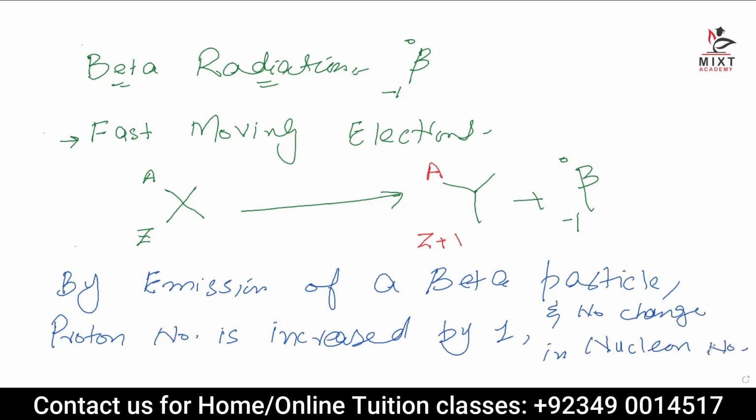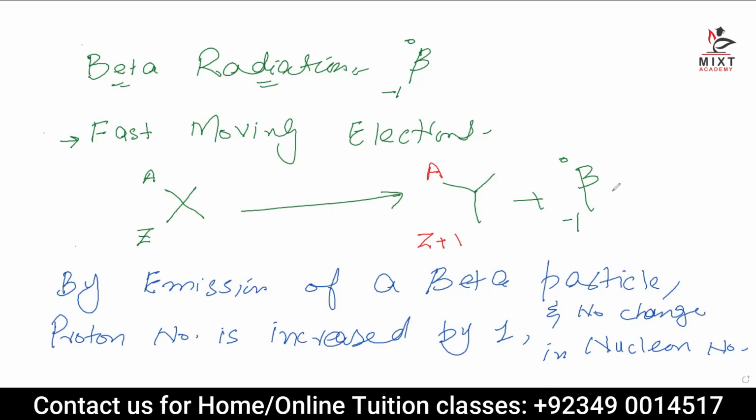Okay. Students, yesterday we studied in radioactive decay that a parent nucleus decays and forms a daughter nucleus. Here X is known as the parent nucleus and Y is the daughter nucleus. A stands for nucleon number and Z stands for proton number.